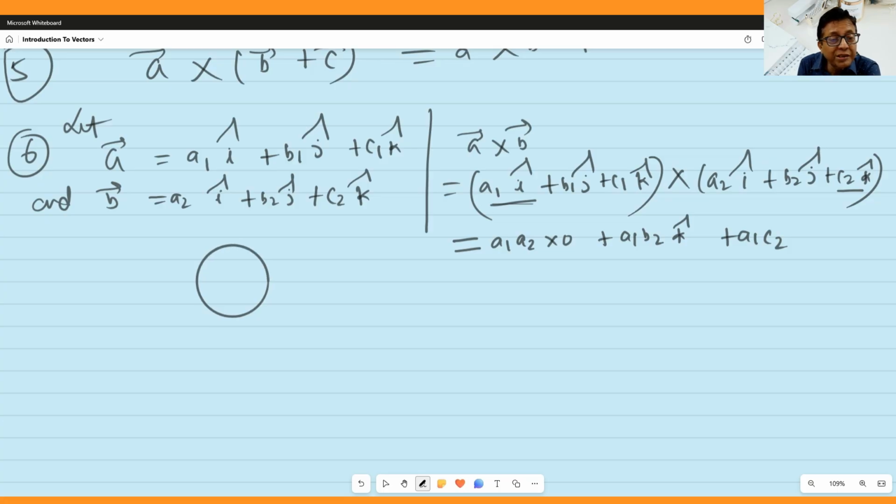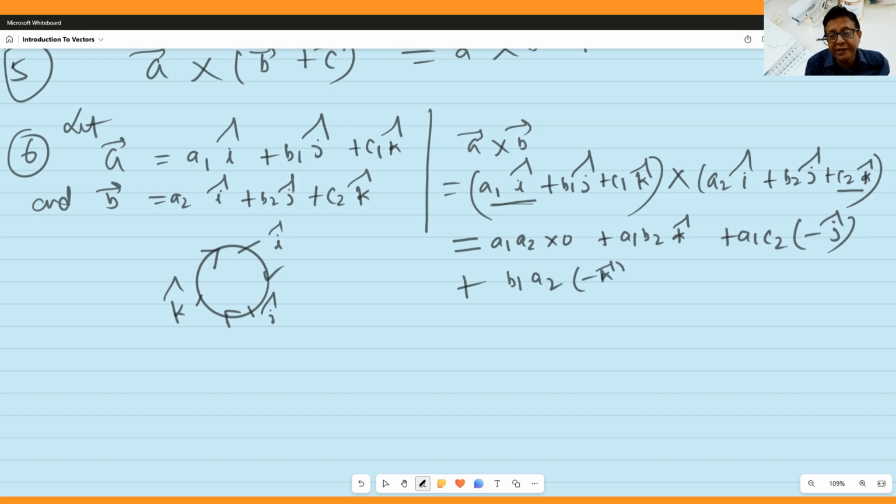We should remember this cyclic order: I, J, and K. So A1 C2 times I cross K, in the opposite manner, will be minus J, plus B1 A2 J cross I, it will be minus K. B1 B2 will be what?